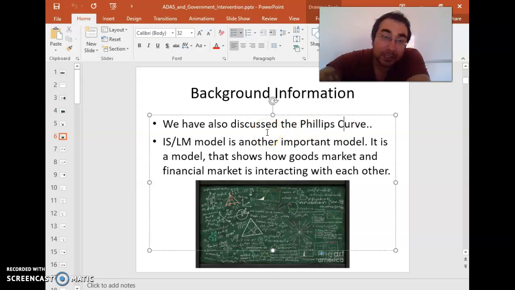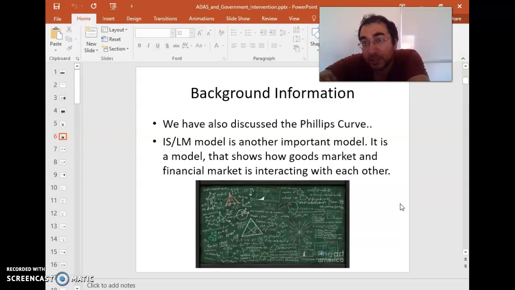The third model is the ISLM model. It's an important model. In some textbooks, you might see this model instead of the ADAS model. Although in the book, which is kind of the standard book for the introduction to economics in both of the campuses, the ADAS model is used as the main model. I stick with that.